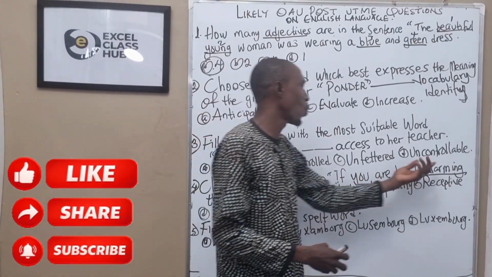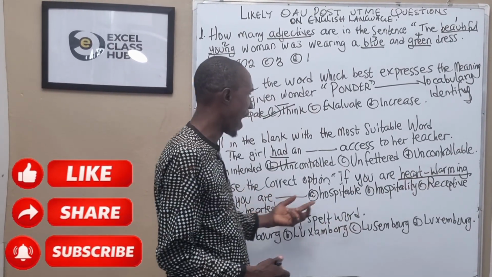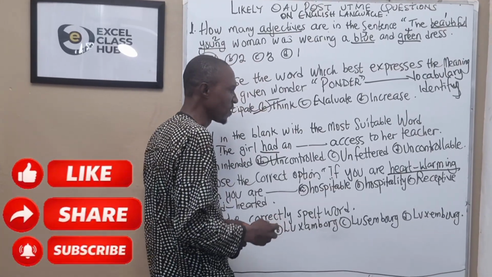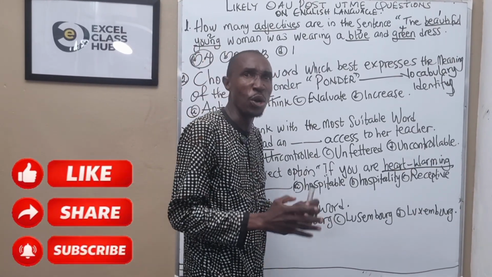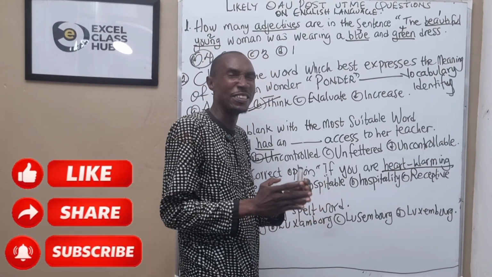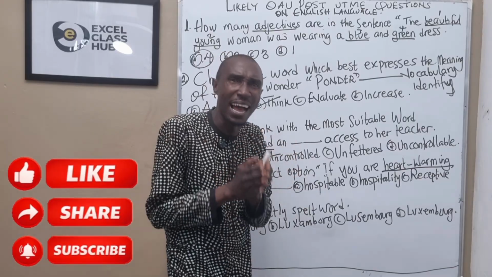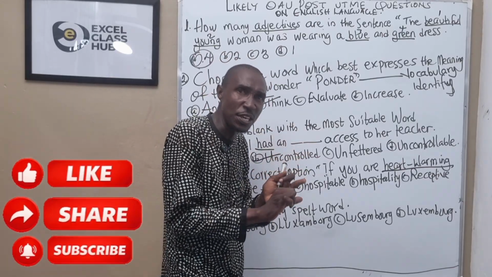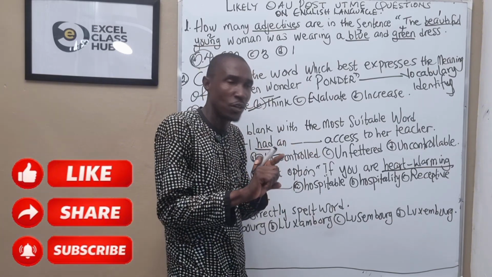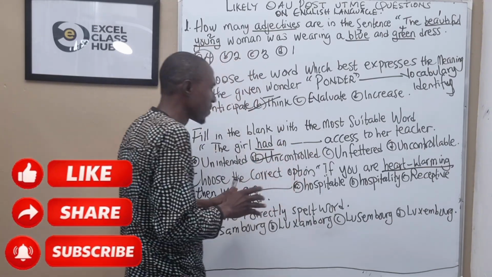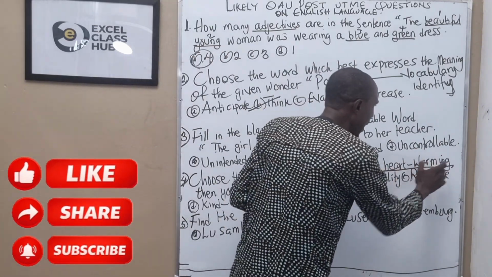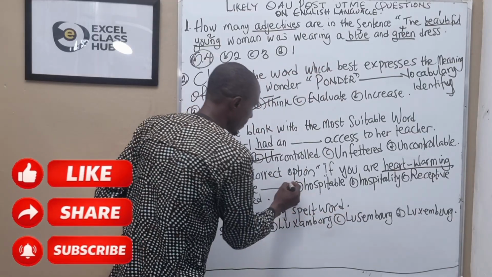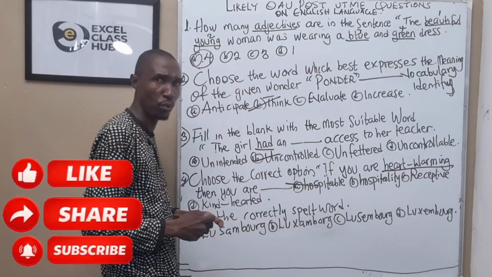If you are heartwarming, then you are dash. In this sentence, we are looking at the word that deals with word class. We have the noun, the adjective, the adverb. So, which of the word class fits into the word heartwarming? The correct answer is hospitable.